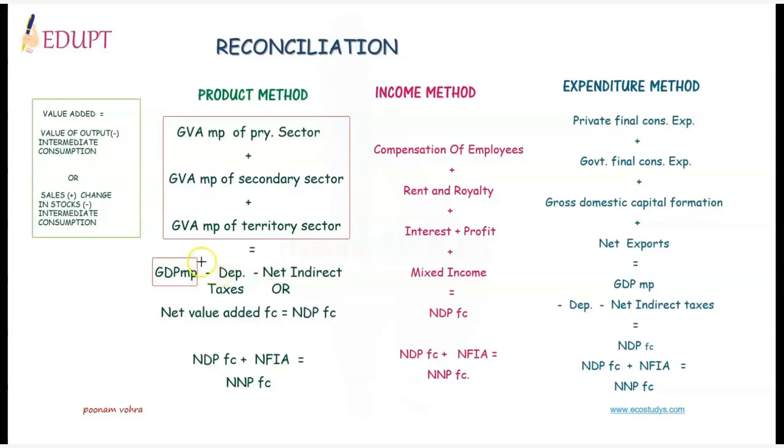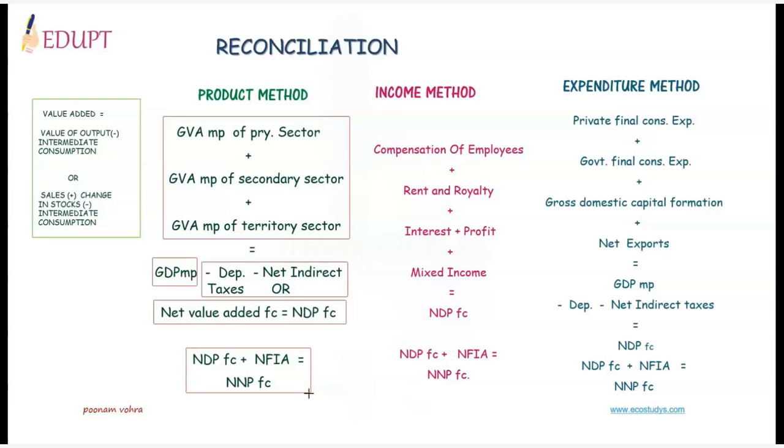And then depreciation and net indirect taxes are deducted from it to get net value added at factor cost, which is domestic income, or NDP at factor cost. NDP at factor cost plus net factor income earned from abroad gives us national income, or NNP at factor cost.